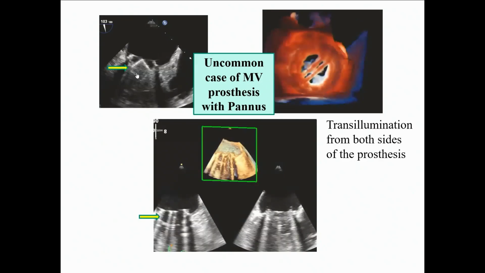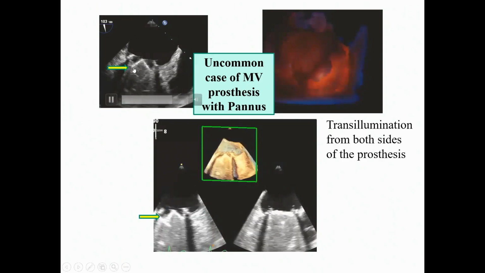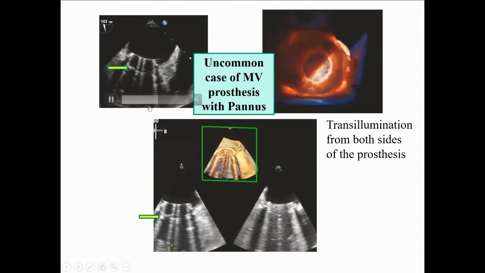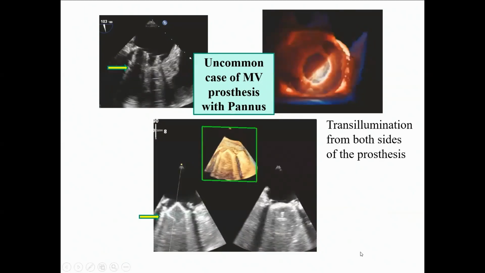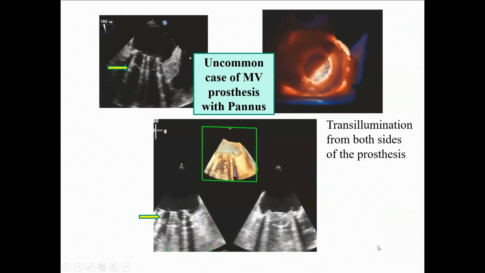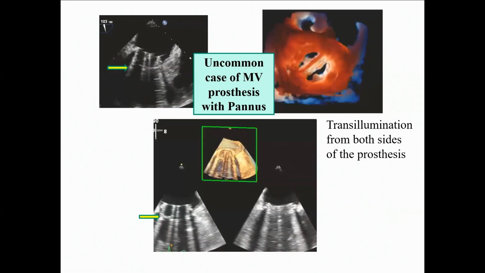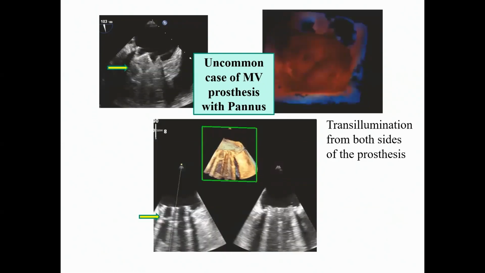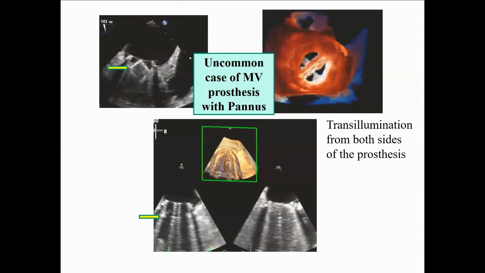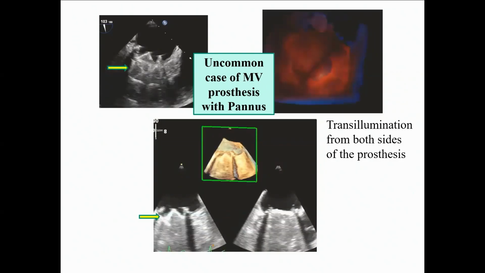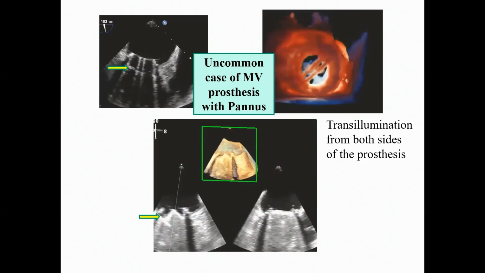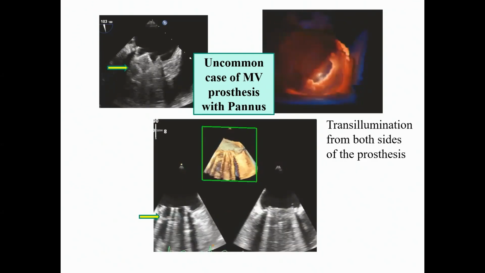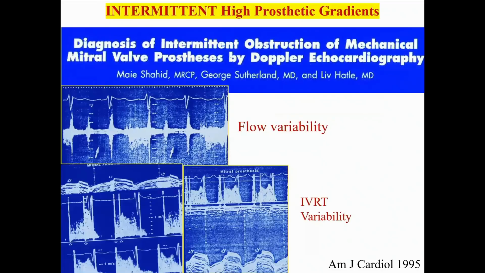You observe in this case this linear alteration at the level of the opening of the disc, and it may be very useful to use transillumination from both sides of the prosthesis to see this altered image at the level of the site of this ridge that we observe in the left ventricle.